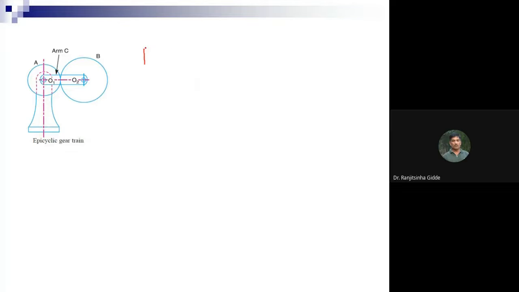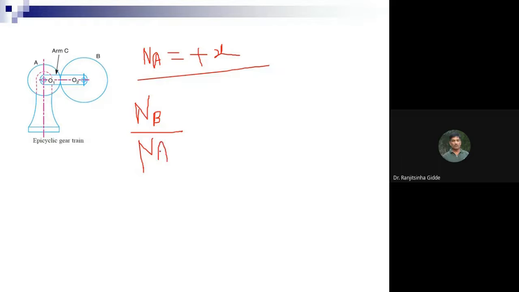So I will write here NA is equal to plus X. Okay. So NB upon NA is equal to TA upon TB.